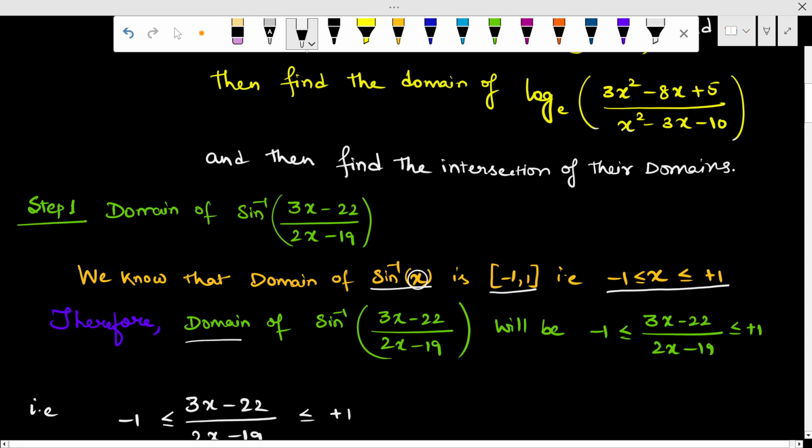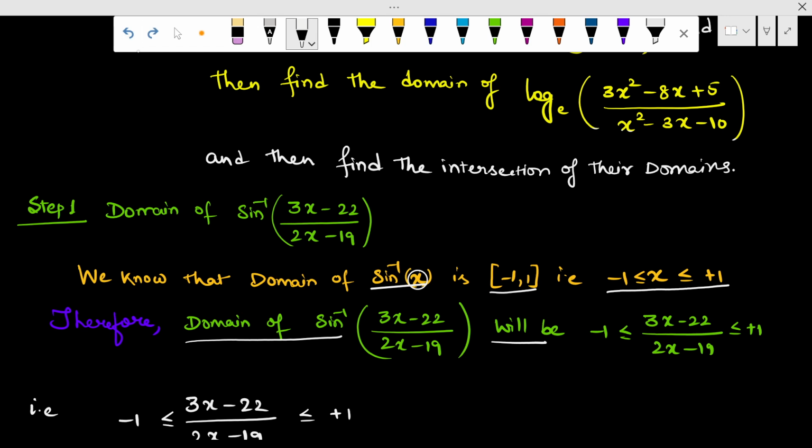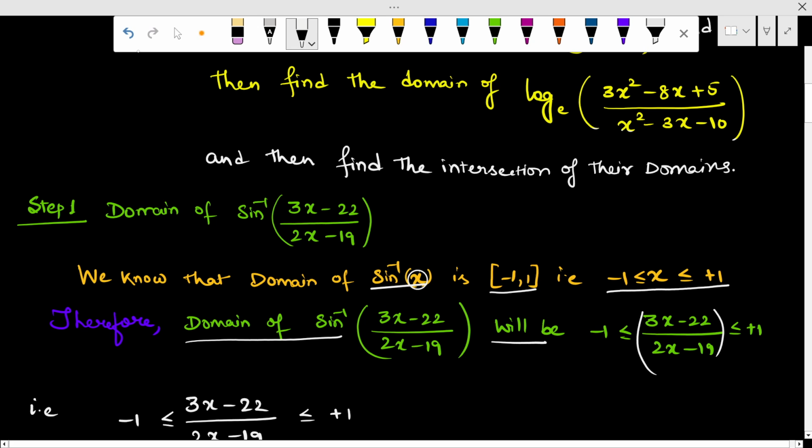Therefore the domain will be where this quantity lies between minus 1 and plus 1, right? As x lies between minus 1 and 1, here in place of x we have this quantity.